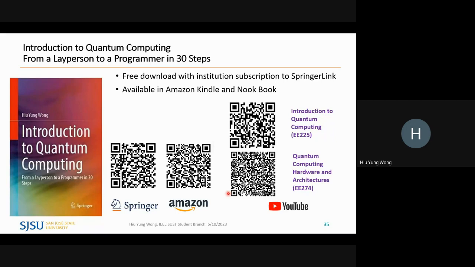Since it's sensitive to noise, how effective is it? It is difficult. That's why I said, if you want a really usable, what we call fault-tolerant qubit, you need 100 to 1,000 physical qubits to do the error correction. Then you will be insensitive to noise.